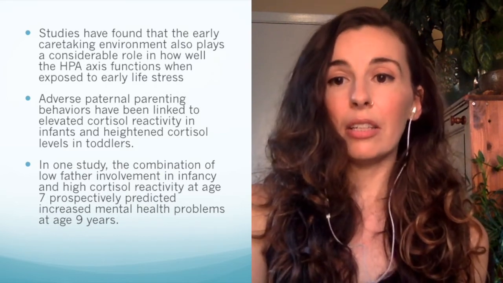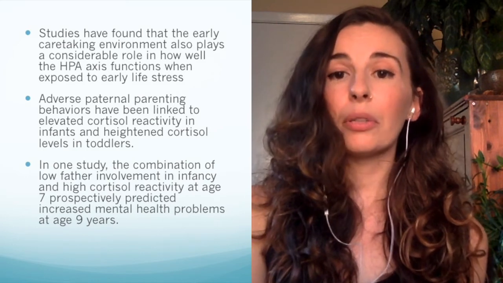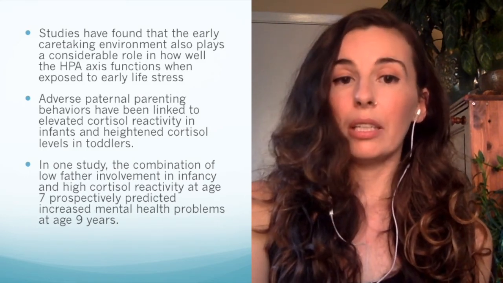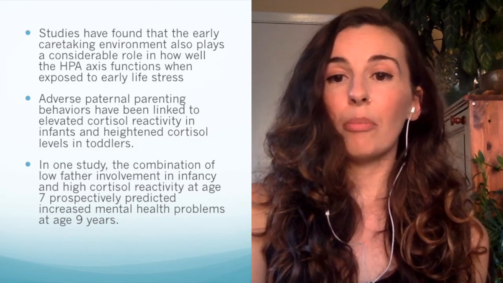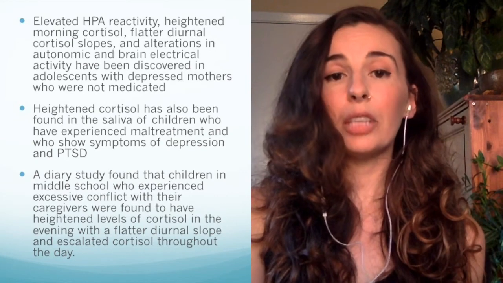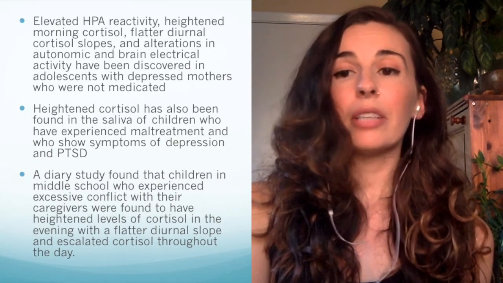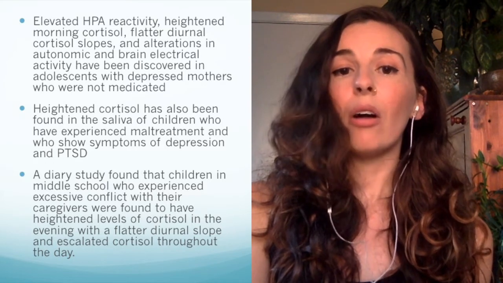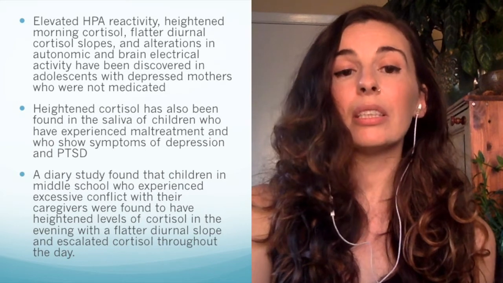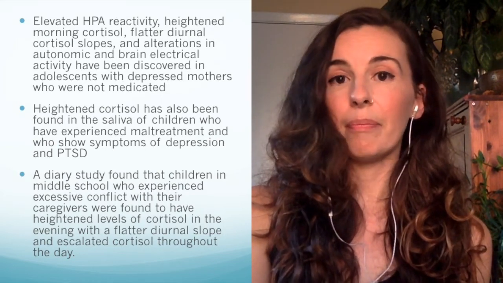In one study, the combination of low father involvement in infancy and high cortisol reactivity at age 7 prospectively predicted increased mental health problems at age 9. Furthermore, elevated HPA reactivity, heightened morning cortisol, flatter diurnal cortisol slopes, and alterations in autonomic and brain electrical activity have been discovered in adolescents with depressed mothers who are not medicated.